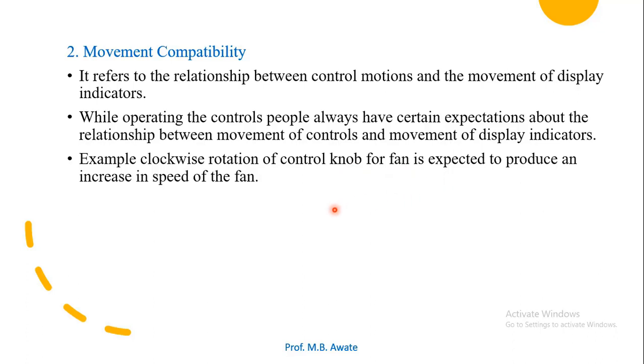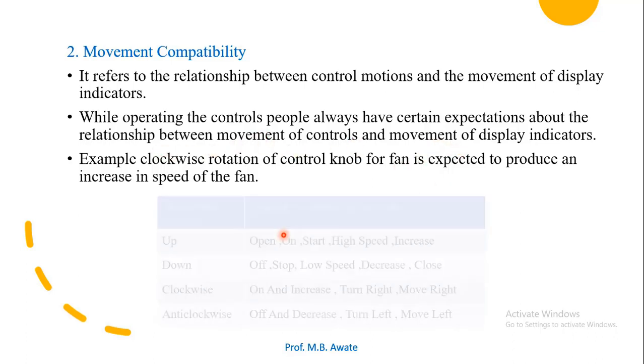Means if I rotate the knob of the fan in a clockwise direction, it is expected that the speed of the fan will increase, and if I rotate in the anti-clockwise direction, the speed will decrease, right? So it is an expectation about the relationship between movement of control and movement of display.